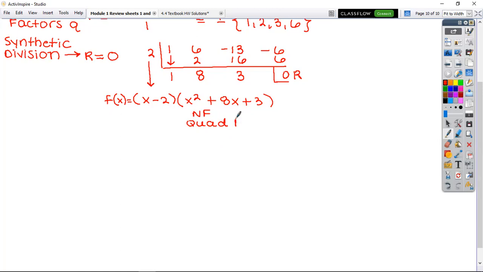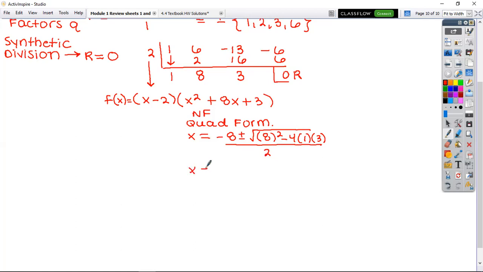So we're going to now do quadratic formula. So x is equal to -8 plus and minus the square root of 8 squared minus 4 times a times c, all over 2a, which is just 2.